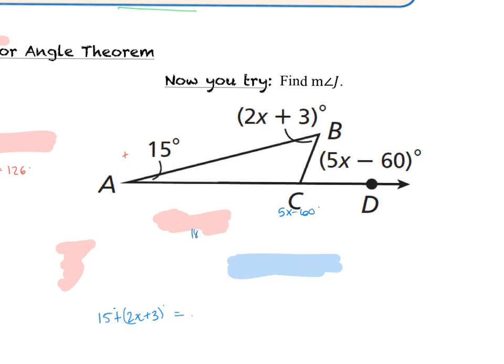So I can combine like terms. 15 and 3 becomes 18 plus 2x is equal to 5x minus 60. I could subtract 2x from both sides, and I can add 60 to both sides. And we end up with 78 equals 3x.